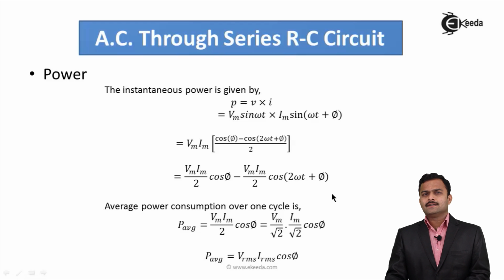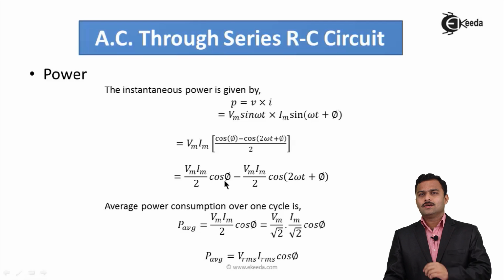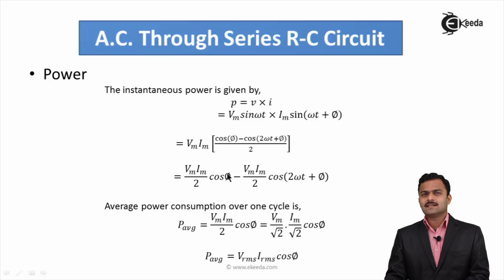Now, both the terms look like a sinusoidal term, but with respect to omega t axis, the second term, if I use it for calculation of average, I will get the answer as 0. Whereas the first term, though it looks like a sinusoidal term, is sinusoid for phi, but we are talking about omega t axis. So, for omega t axis, this term will act as a constant.